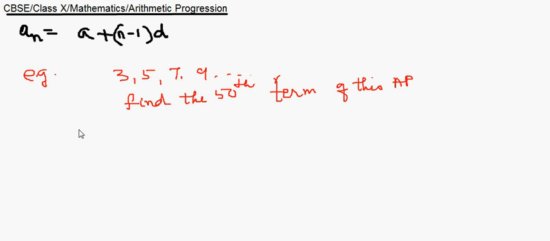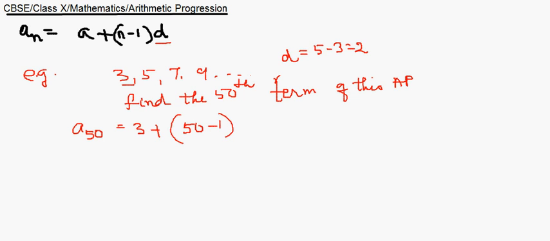It says an, that means we'll be calculating a50. So that's given by a, the first term, which is 3, plus the formula needs (n - 1), so our n is 50. d is the common difference, so in our series d is 5 minus 3, that is 2. So our d here is 2.